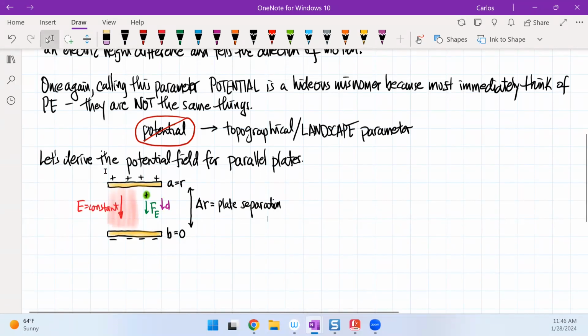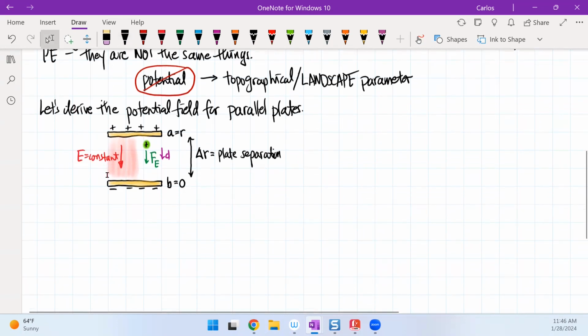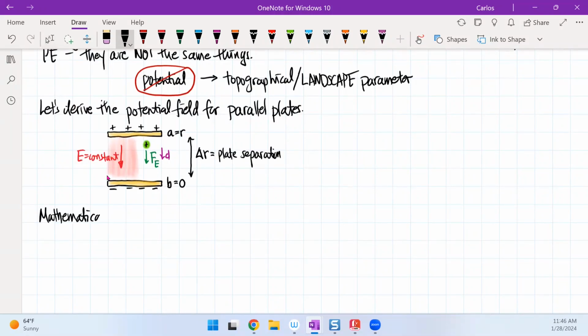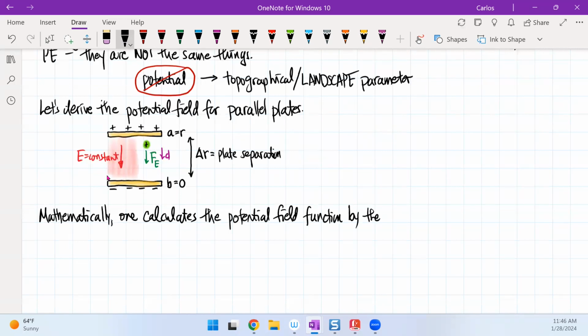So here we go. So how do we deal with this mathematically? One calculates the potential field function by the work done by this electric field.